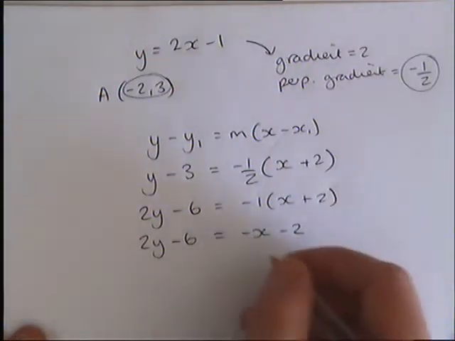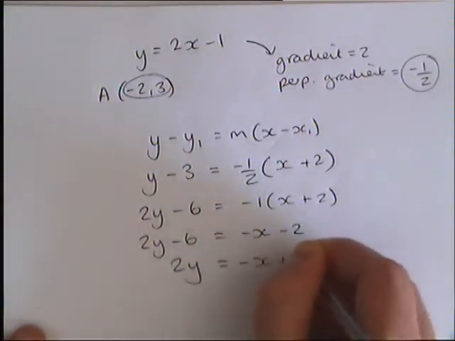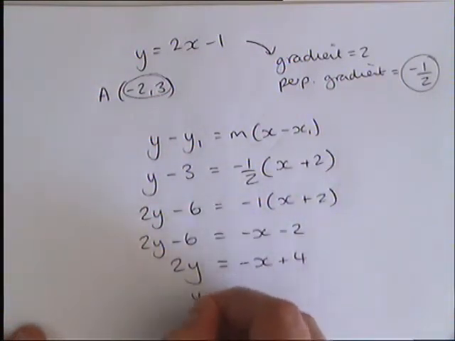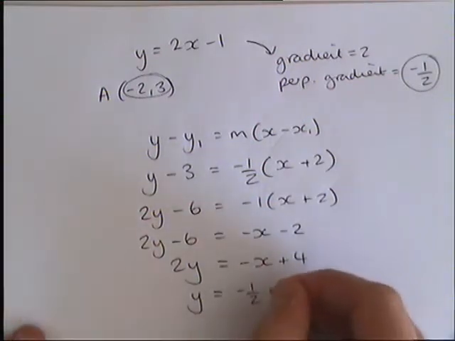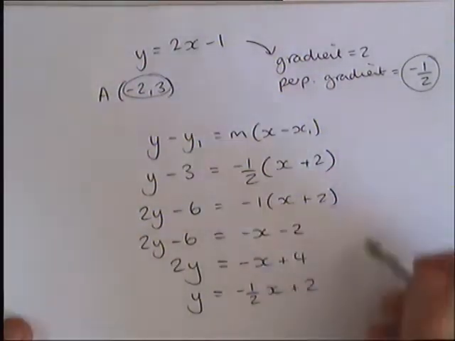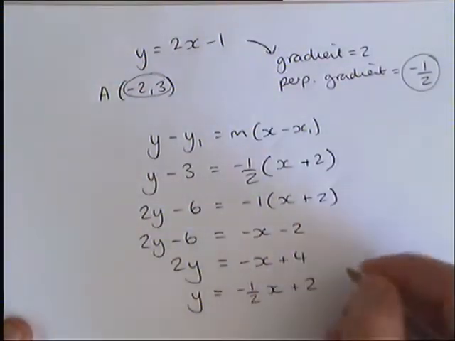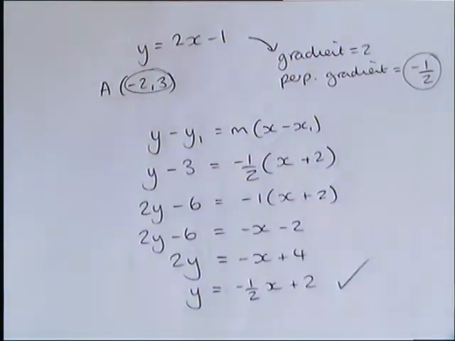Okay, so let's add that 6 to both sides. And then divide by 2. This is a really funny way around. All right, so you probably could have skipped a few of those steps and got to that answer. That's the answer we need: y equals minus a half x plus 2. Correct.